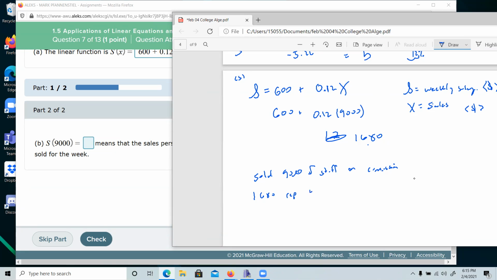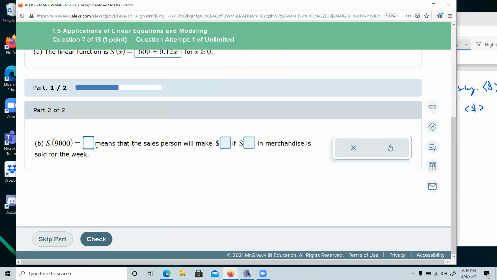It's representing his weekly take home, or maybe not take home. I don't think we've done taxes or everything, but that's just going to be his weekly pay. All right. So this means we have 1680. That person will make.